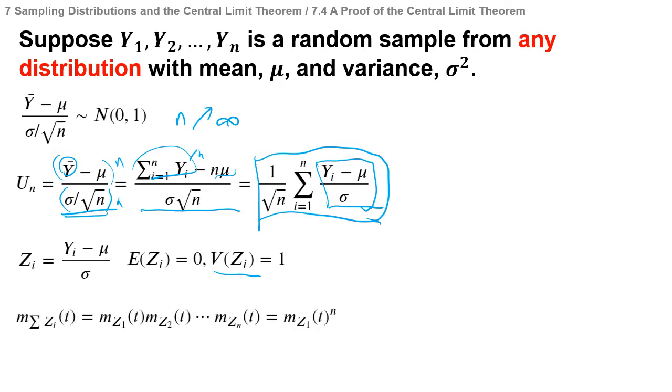Then the moment generating function of the sum of Zi's is Mz1(t) times Mz2(t) and so on, and since all Zi's are an independent random sample from the same distribution, we can write this as Mz1(t) to the nth power.